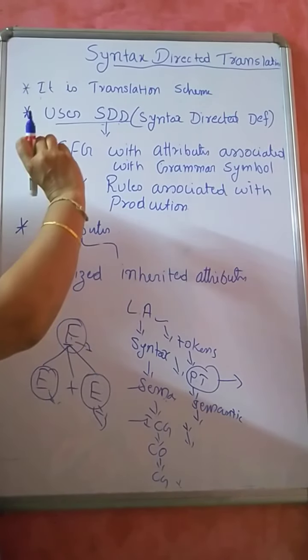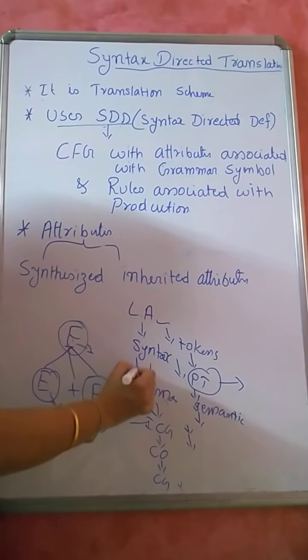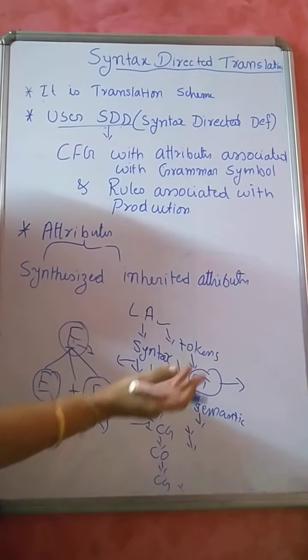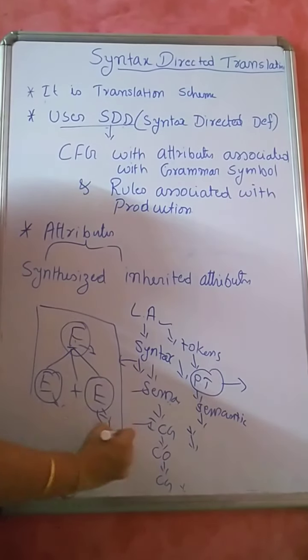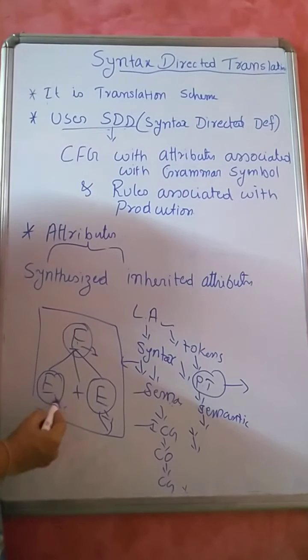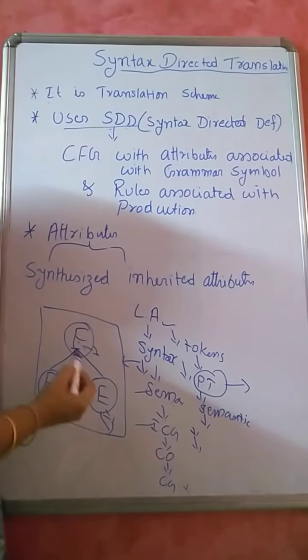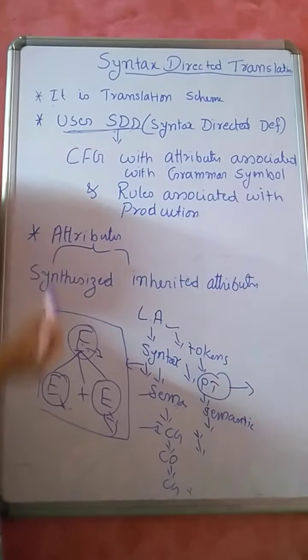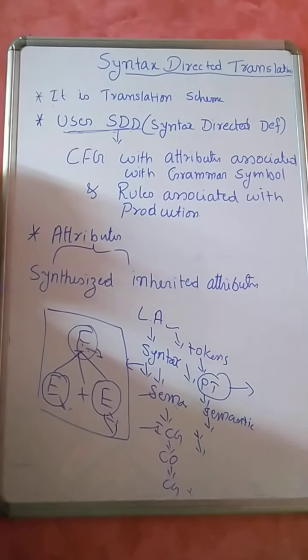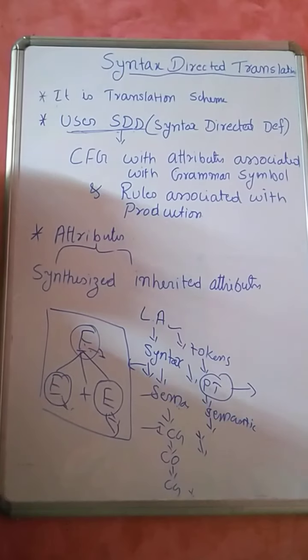Where will it come? The syntax directed translation scheme comes after the syntax analysis phase. It will consider the parse tree constructed and evaluate the different values associated with each node of your parse tree by using a context free grammar that is called a syntax directed definition grammar.